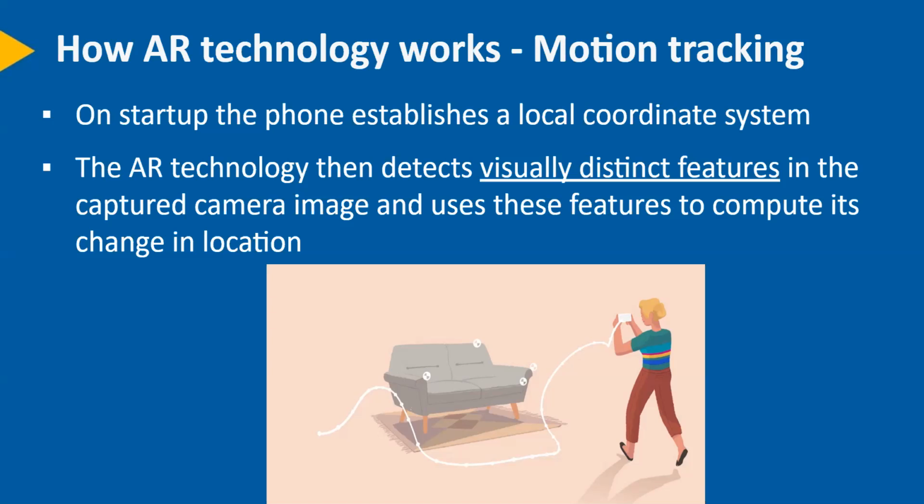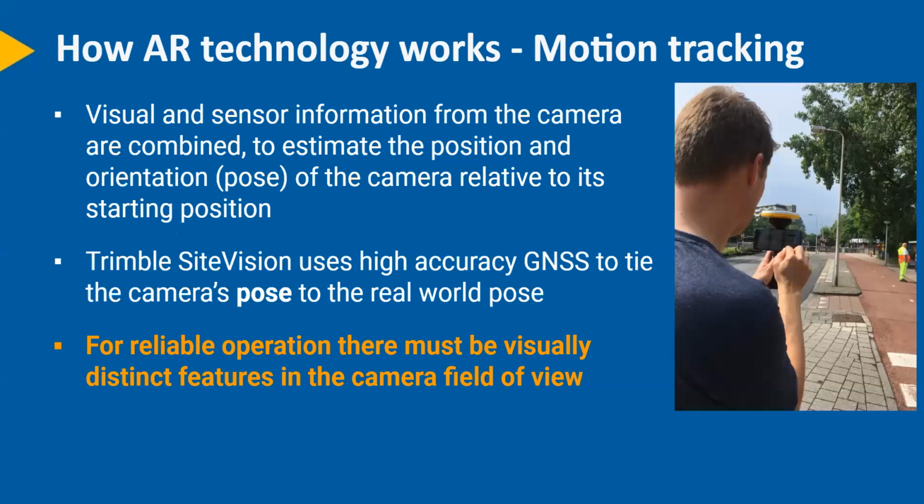And then as that view changes, it uses those visually distinct features to track motion. That visual information, as well as sensor information like the gyroscope and the accelerometer, are used to estimate the position and orientation of the device in the real world, which is known as the pose.